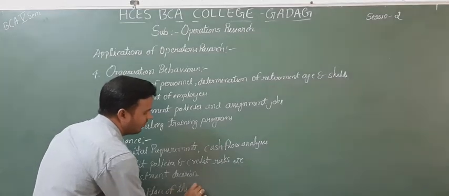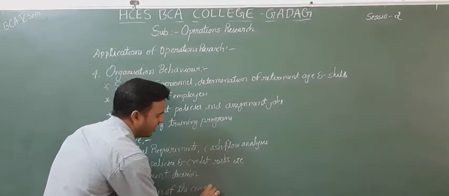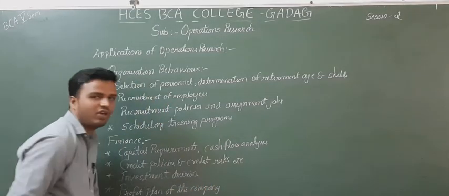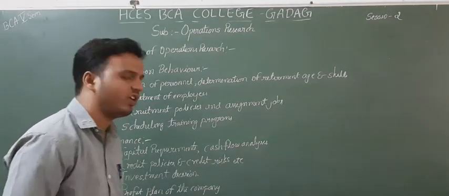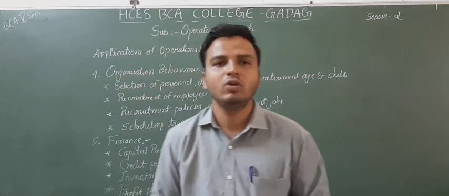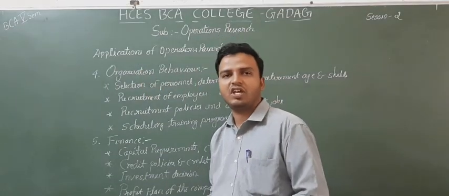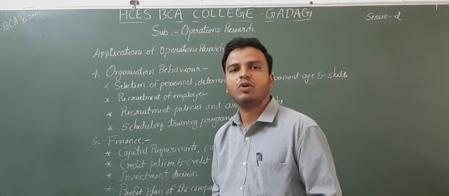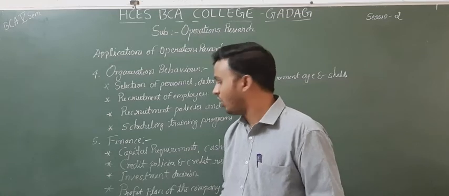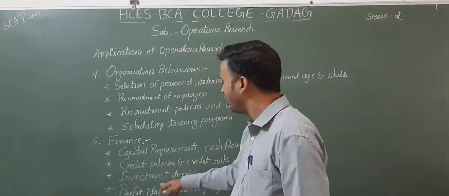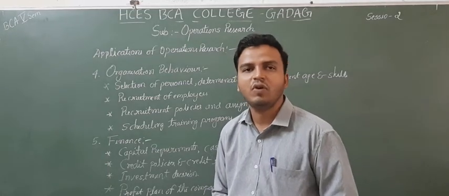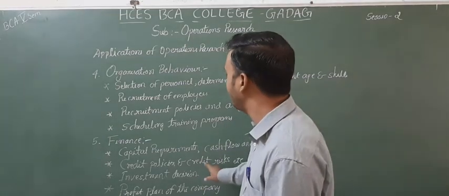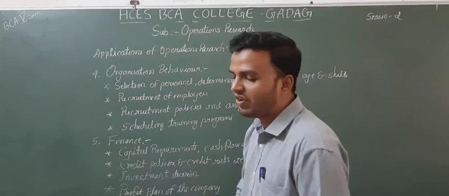Before establishing any company, we have to make a plan regarding our profit: how much profit we are going to get in future. We have to plan it before investing money in our business. So these topics are covered in finance.